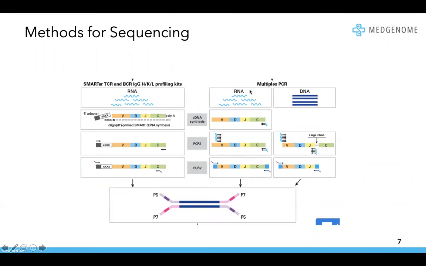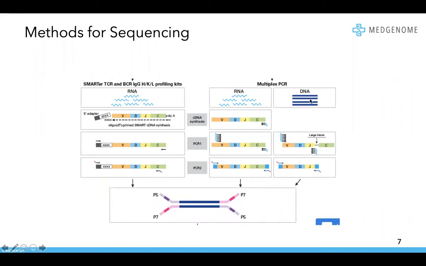But these multiplex PCRs, we don't do these at MedGenome, but they are done at companies like Adaptive or iRepertoire. And it's a different strategy altogether to get these sequenced. The multiplex PCRs are done with hundreds of primers that bind to these variable regions and the joining region here.